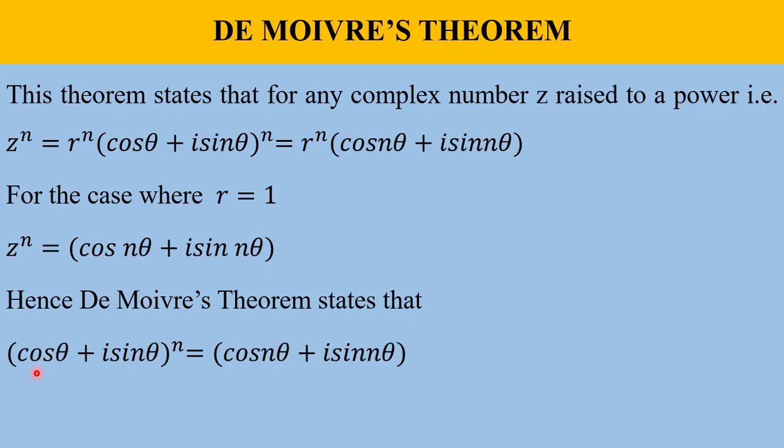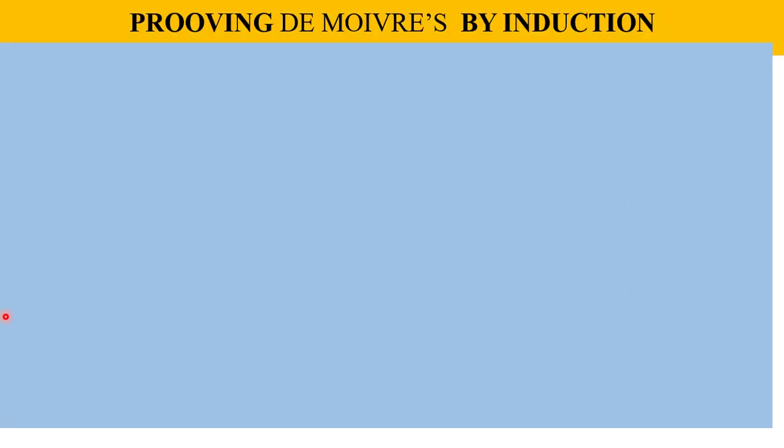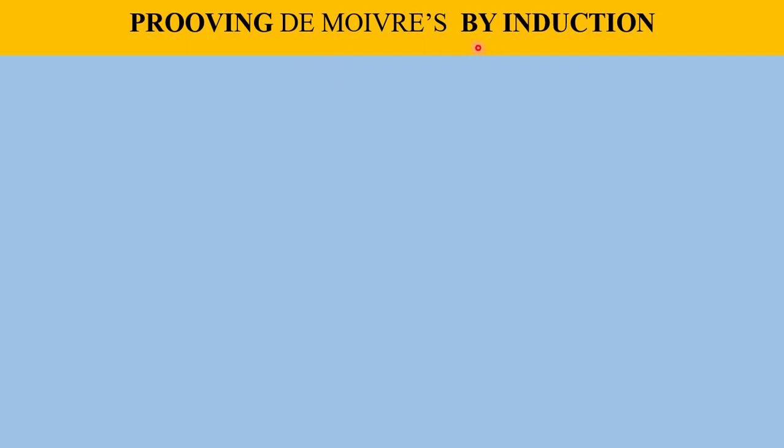Then the next part is to look at proving the Moivre's theorem, and we shall look at how to prove it using the induction method. Let us look at the different steps.